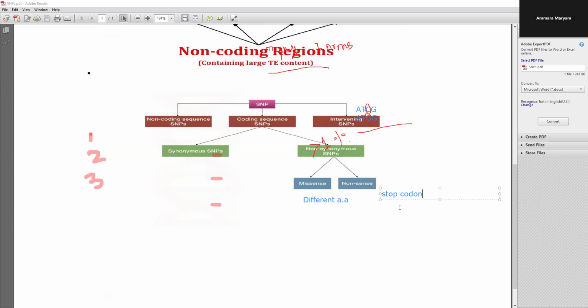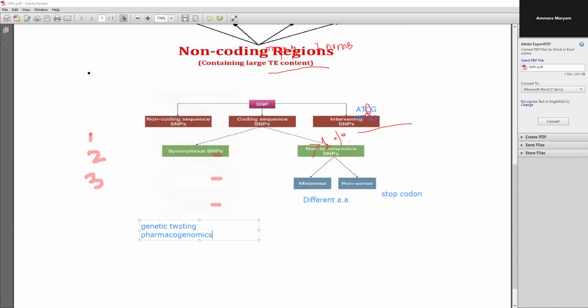Now, why should we care about SNPs? These SNPs can be used in genetic testing. For example, they can be used in ancestry tests. These SNPs can be used in pharmacogenetics or pharmacogenomics, because they help us in predicting how a person will respond to a particular drug.